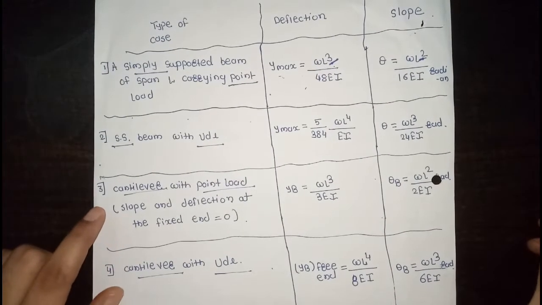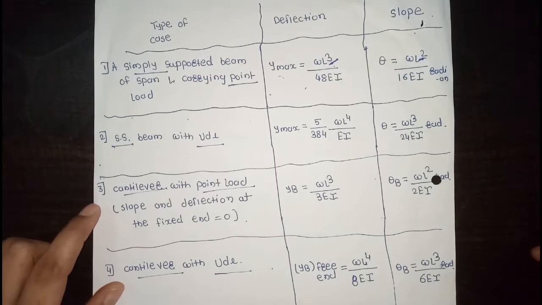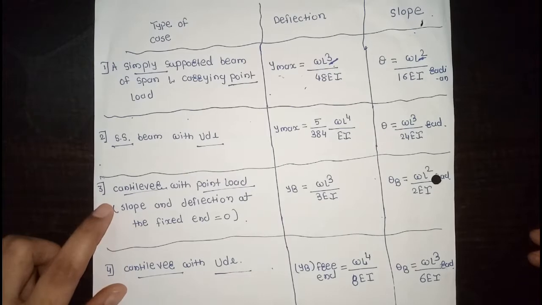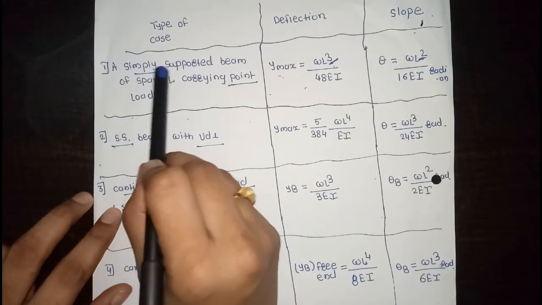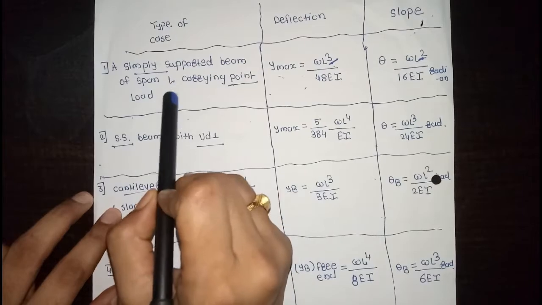Hello friends, today we will see the numerical based on the slope deflection method. First of all, we will see the types of cases and their deflection formula and slope formula. First case, a simply supported beam of span L carrying point load.